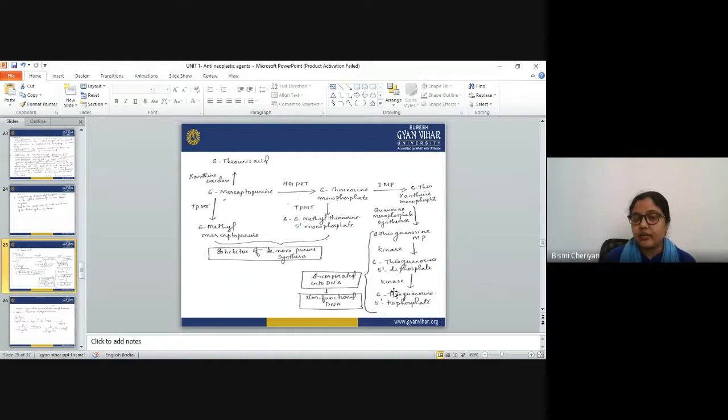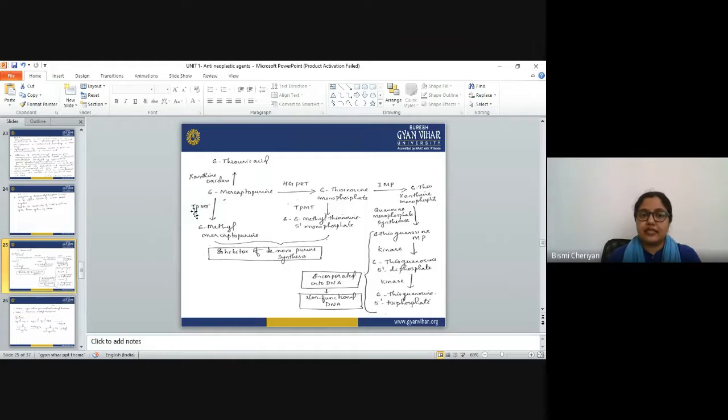And the third way of metabolism of this 6-mercaptopurine is that it is converted into the 6-methyl mercaptopurine in the presence of TPMT, thiopurine methyl transferase enzyme.